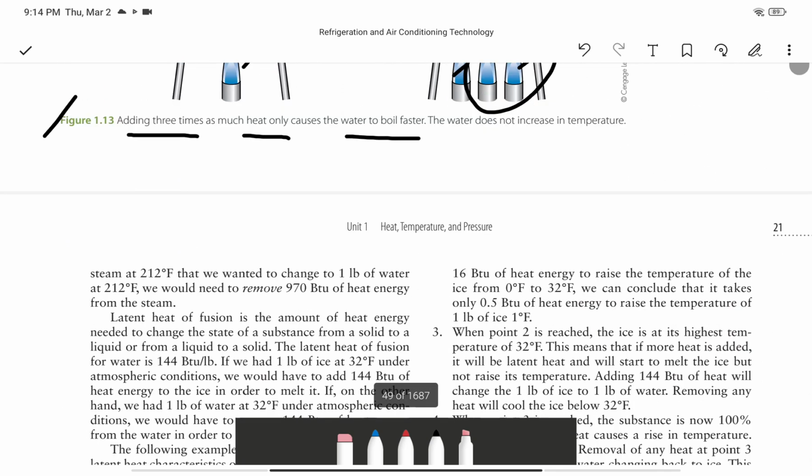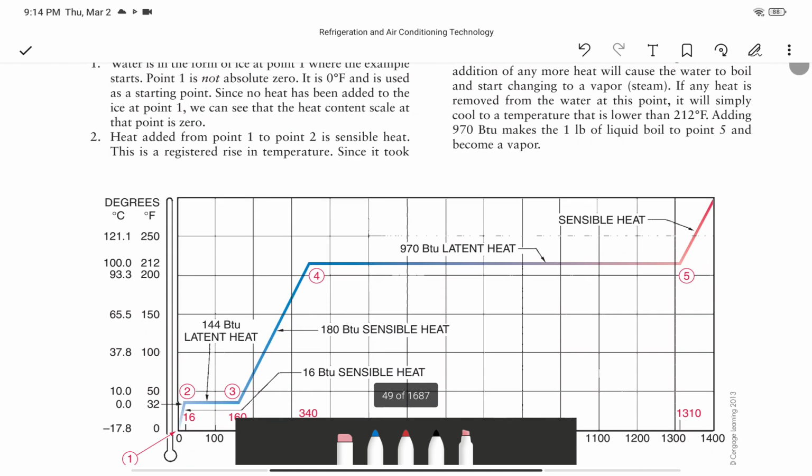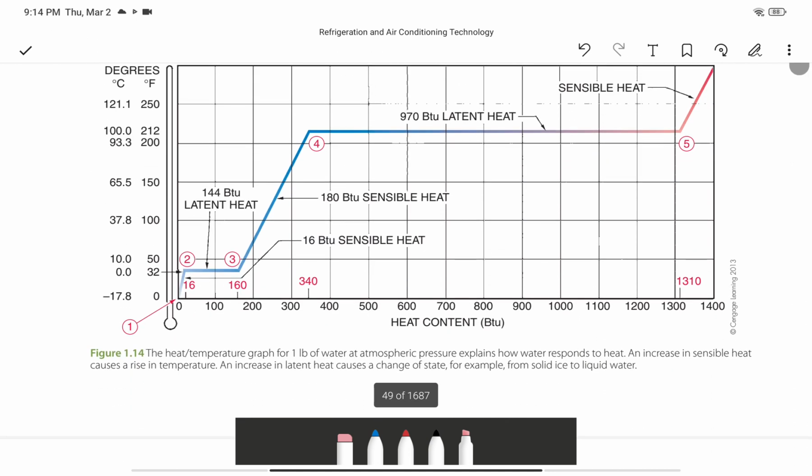So now we go to the figure here, and this is figure 1.14, the heat and temperature graph. So this is heat in BTU. So we know what BTU is, right? Definition of BTU: 1 BTU is the heat added to raise 1 degree Fahrenheit of 1 pound of water.